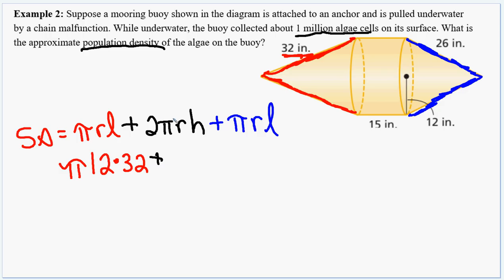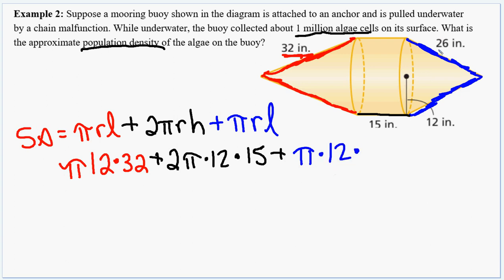Plus, now we go to the cylinder in the middle, 2 times pi. Radius is again 12. Height here is going to be 15. Plus, now the stuff in blue, we've got pi. Radius is still 12. And the lateral edge here, L, is 26.